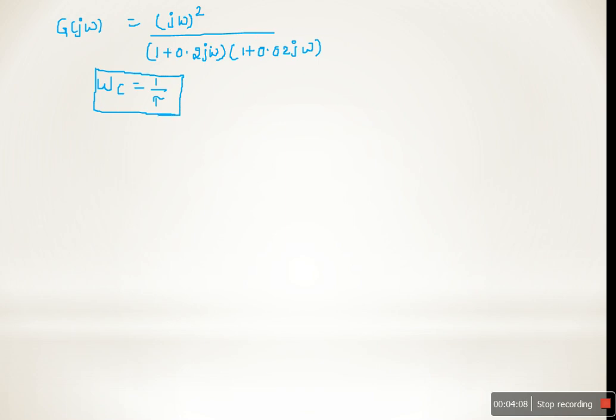In general, the open loop transfer function is like this: K times (1 + s tau a)(1 + s tau b) and so on, divided by s to the power n (1 + s tau 1)(1 + s tau 2) and so on.